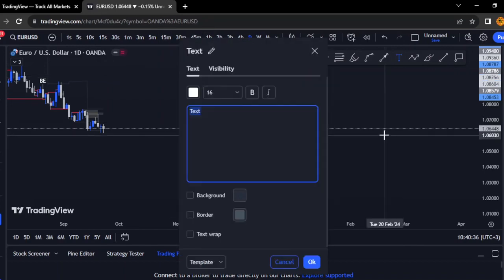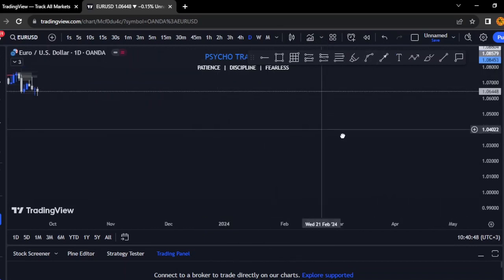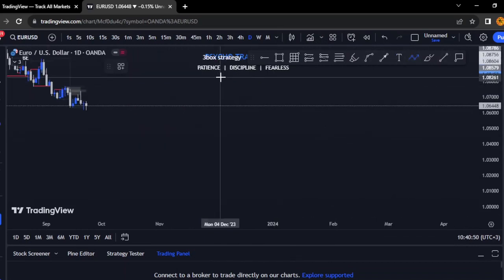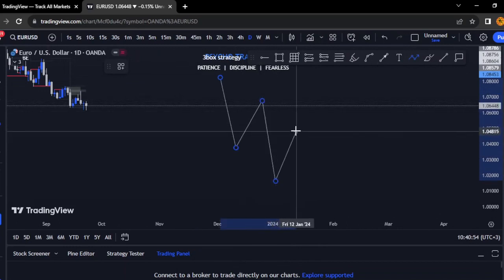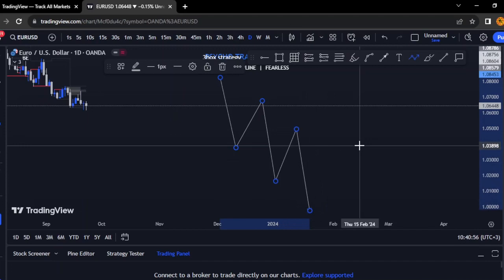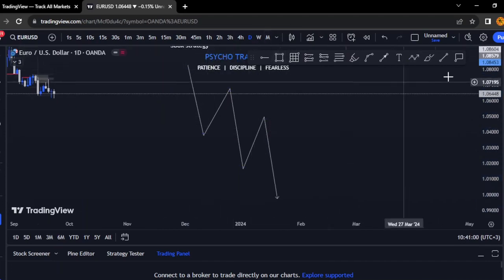I know all of you are asking yourselves, why do I call it the 3-box strategy? This is why. Let me say the market is trending downwards, just giving an example, in a downtrend fashion. So let me say this is the structure that we are dealing with.